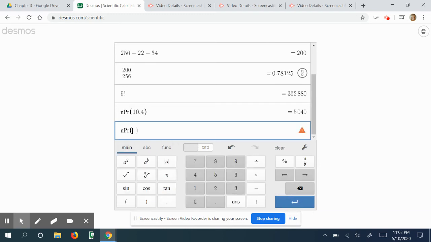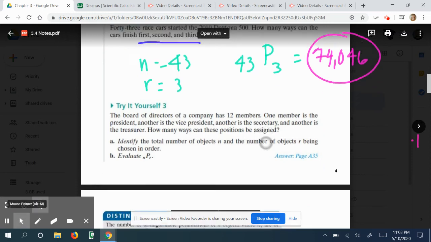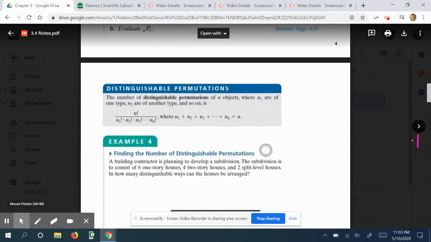We're looking at 43, 3. There's 74,046. So, of 43 cars in a race, there are 74,046 different ways you can get first, second, and third place. It's crazy to think that there are that many different ways when there are only 43 cars.